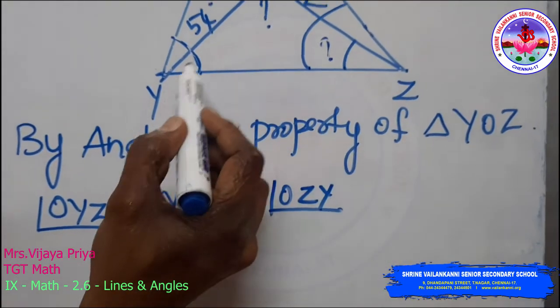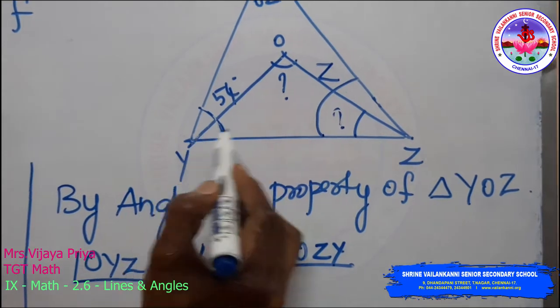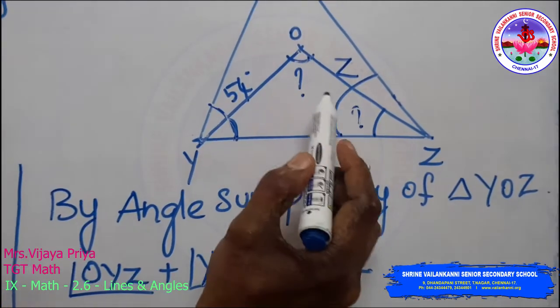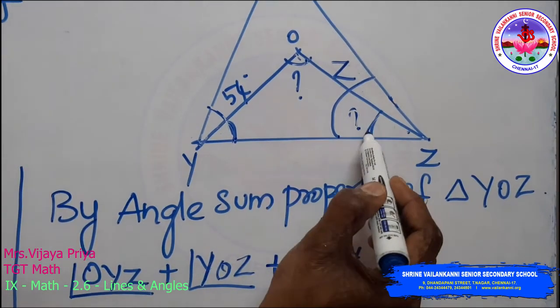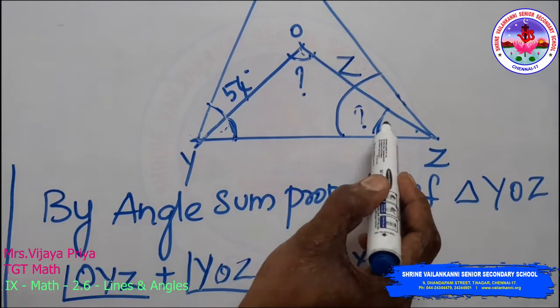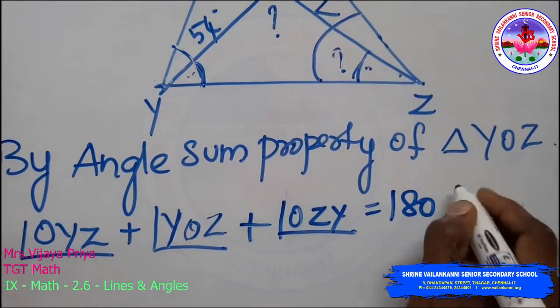So I will show this in triangle YOZ. I am adding OYZ plus YOZ, this angle, and OZY will be this angle. So I am going to add these three angles by angle sum property, which is equal to 180 degree.